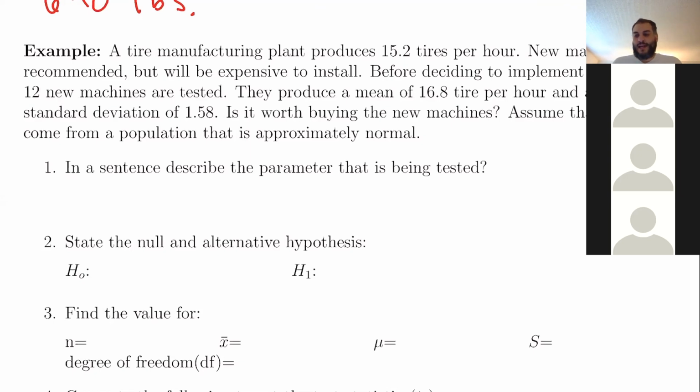So once again, if you look at this one, we do have a small sample size of 12. But for this one, that's okay because they tell us we could assume the data set is normal. So we don't have to use a central limit theorem because they already told us that the population we're sampling from is normal.